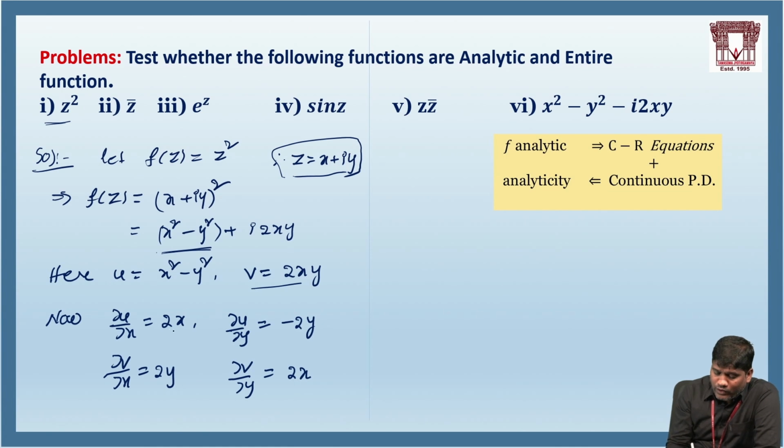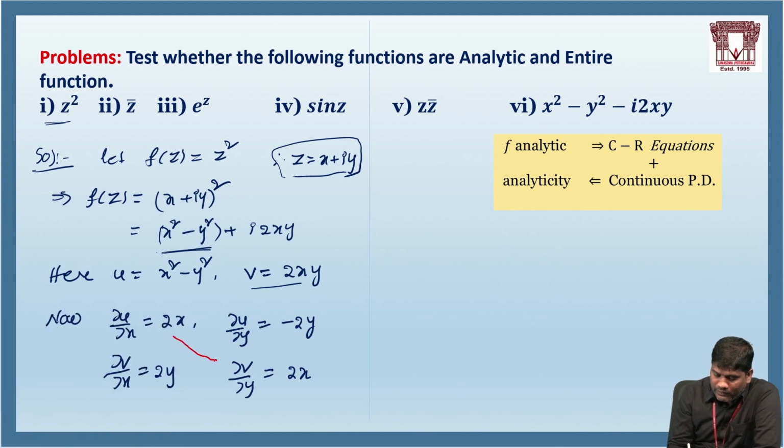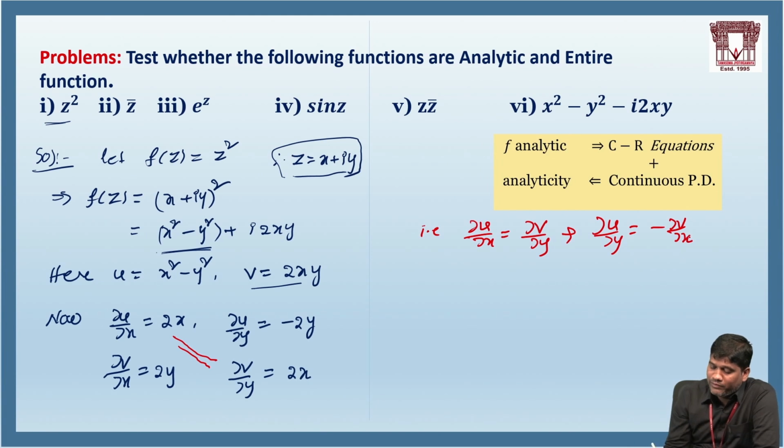Here dou u by dou x and dou v by dou y are the same. Then dou u by dou x is equal to dou v by dou y, and dou u by dou y is equal to minus dou v by dou x.